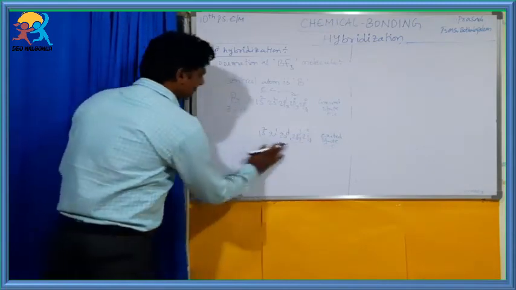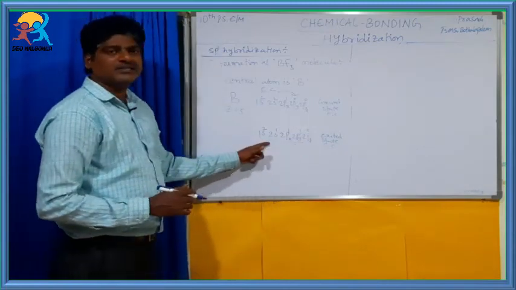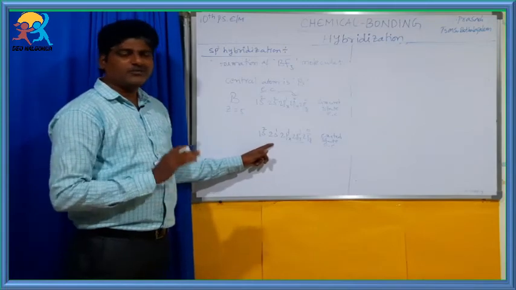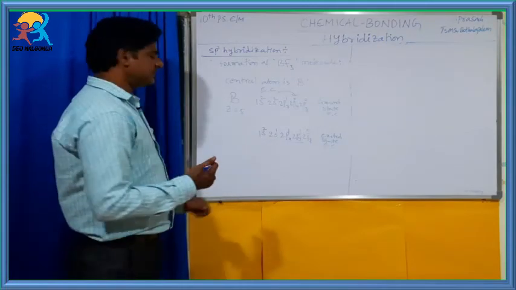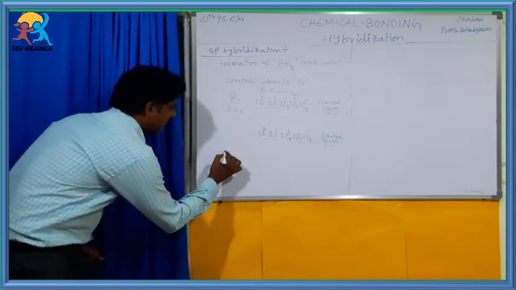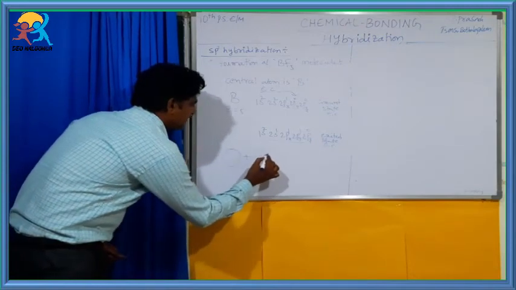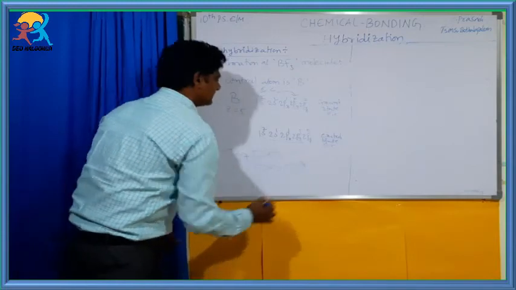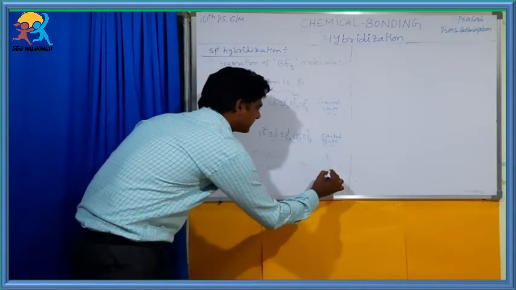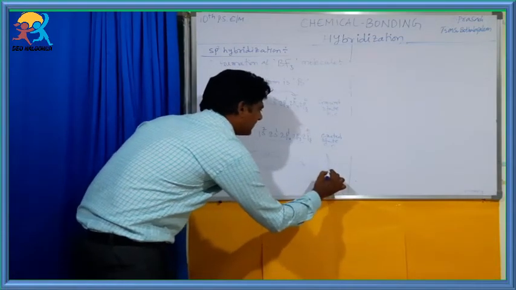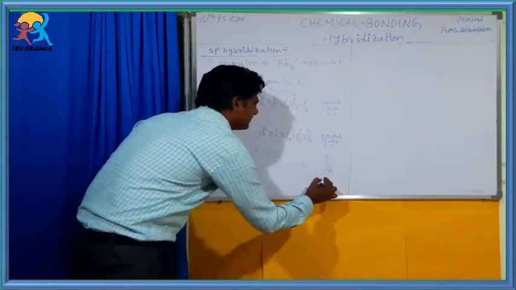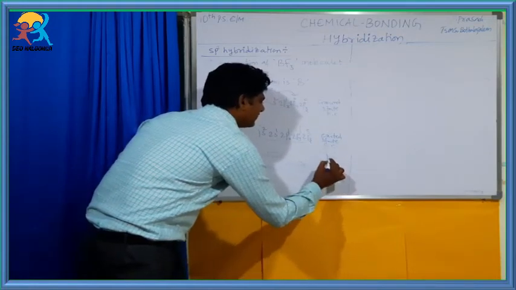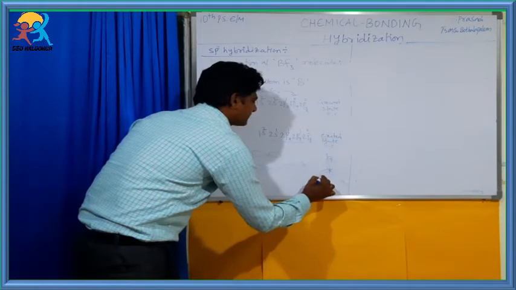That means it undergoes sp2 hybridization. So one s orbital plus two p orbitals intermix and form three new hybrid orbitals, which are arranged in the trigonal planar shape.